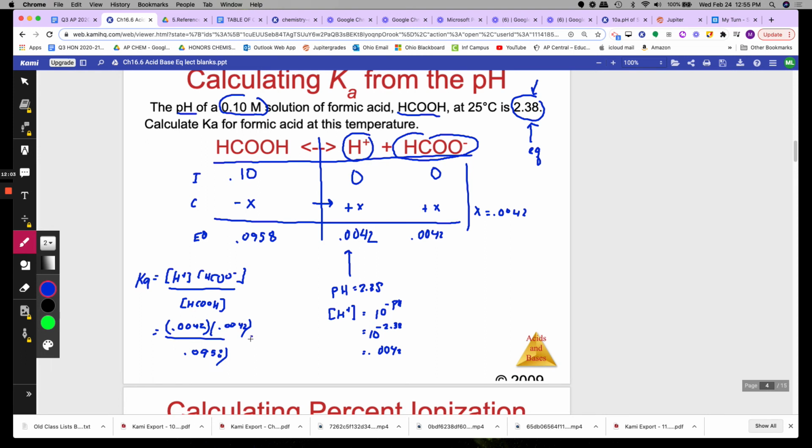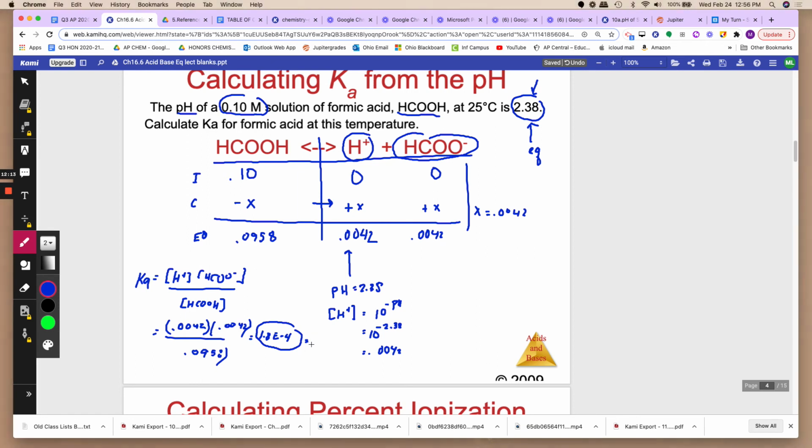And that will give you the Ka, which is equal to 1.8 E negative 4. That is the Ka of formic acid. Considering that, that tells me formic acid is pretty weak.